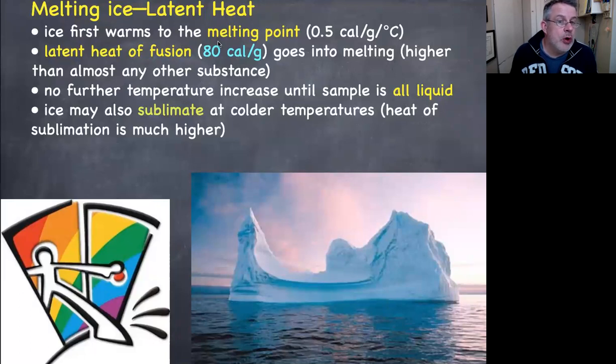If you start out with ice that's colder than the melting point, you first have to warm it up to the melting point. Then to melt it, you have to apply this 80 calories per gram. Then you can warm in the liquid phase. And we'll talk a little bit about this. Ice can also sublimate, which is where it forms directly out of the gaseous water vapor form.